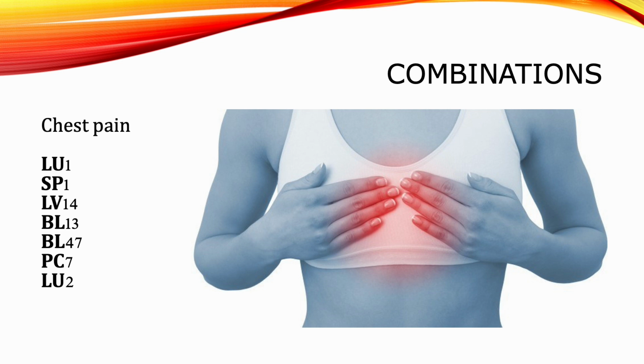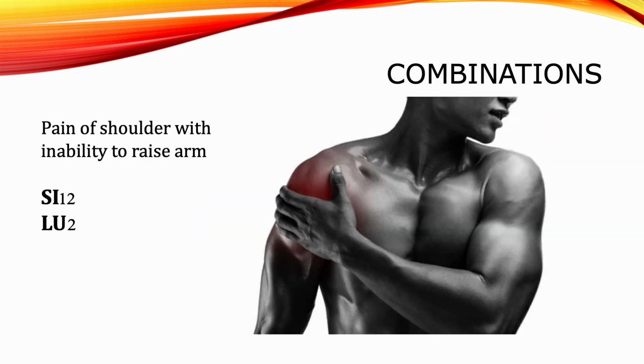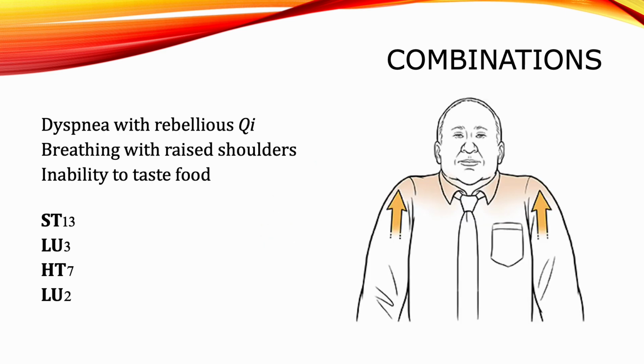Lung 2 can be combined with Lung 1, Spleen 1, Liver 14, Bladder 13, Bladder 47, and Pericardium 7 for chest pain. Lung 2 can also be combined with SI12 for pain of the shoulder with inability to raise the arm.